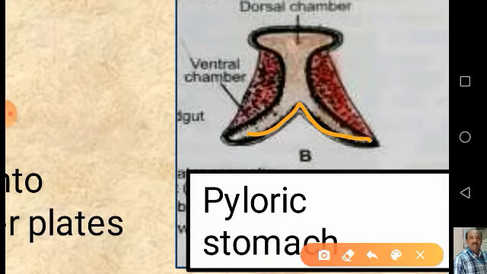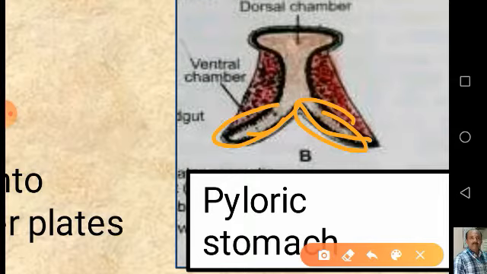Because of this, the ventral chamber is divided into two small tube-like structures. The side walls of the pyloric stomach form very prominent lateral folds that come close to each other, and the folds divide the cavity of the pyloric stomach into two.